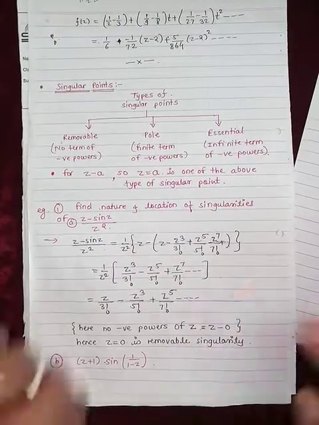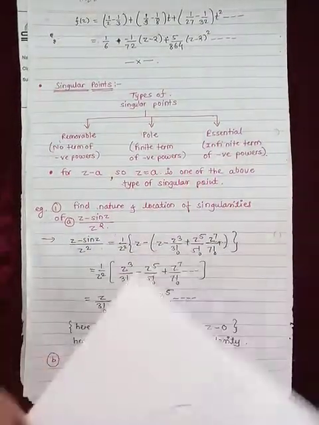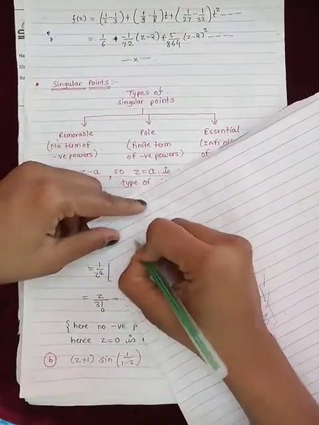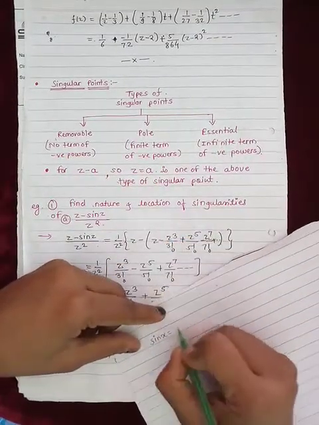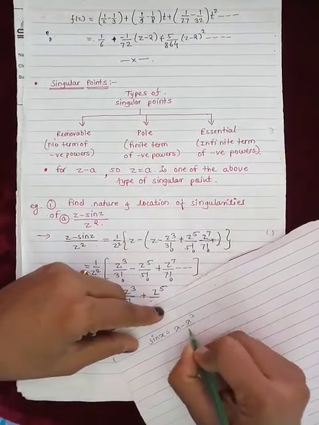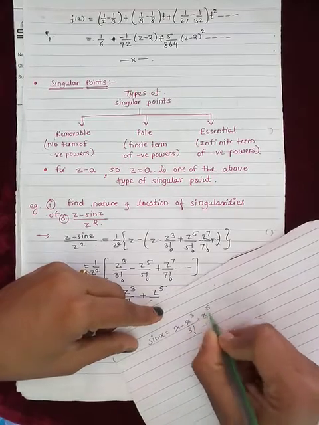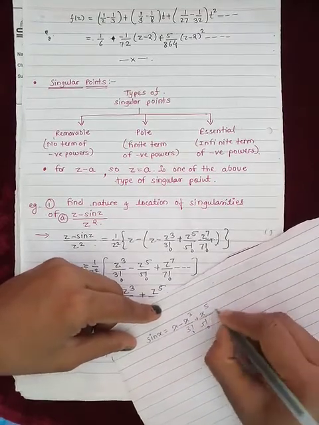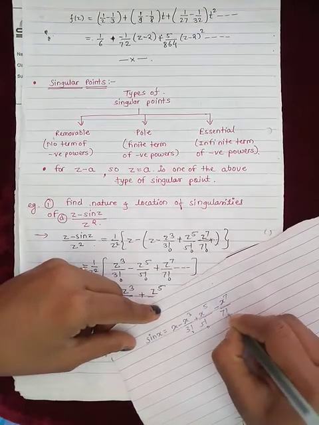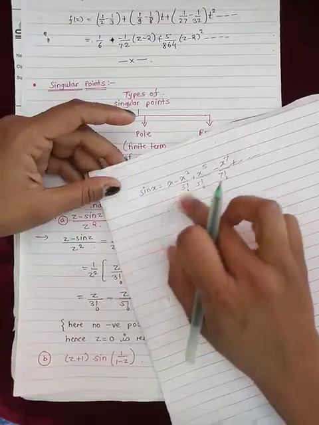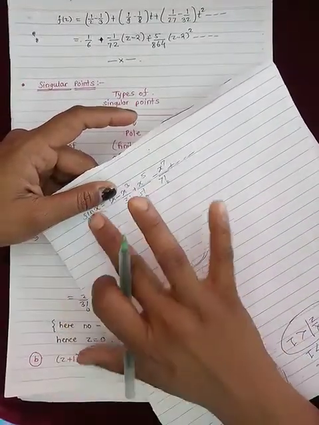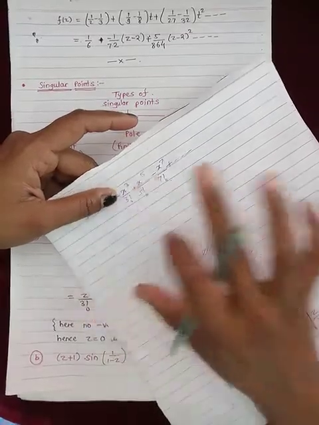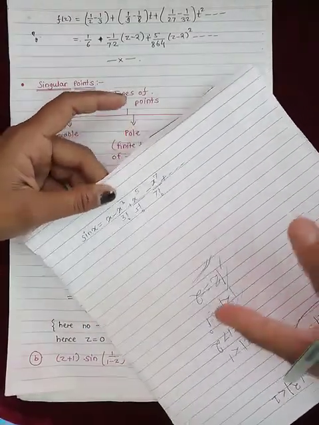The sin x series formula is x minus x cube by 3 factorial, with alternate plus and minus signs, minus x raised to 7 upon 7 factorial, and so on. This is a standard formula. We studied such series formulae in the previous year in the M1 and M2 books.